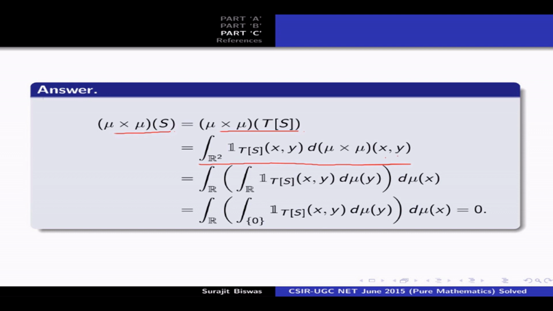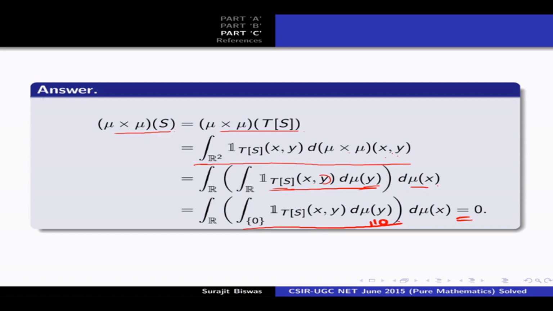We use Fubini's theorem, and this is equal to the repeated integral. Now the y coordinate of T(S) is always 0, so this leaves only y equal to 0, but the measure of {0} is 0, so therefore this integration is 0. And therefore the total integration is 0 also.